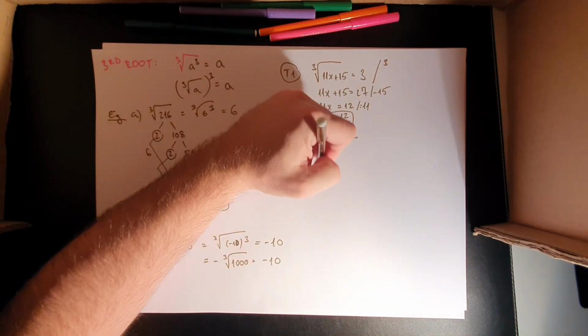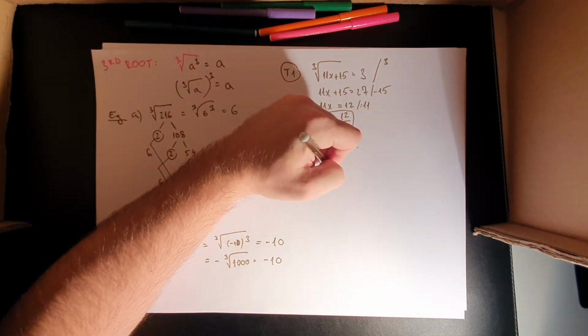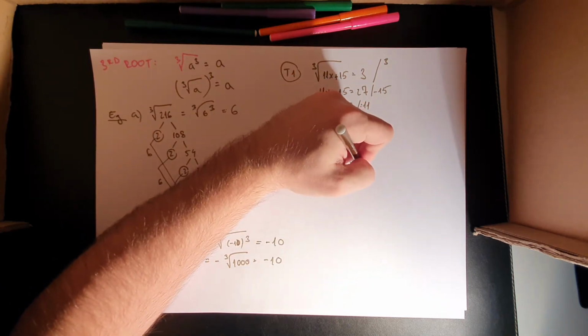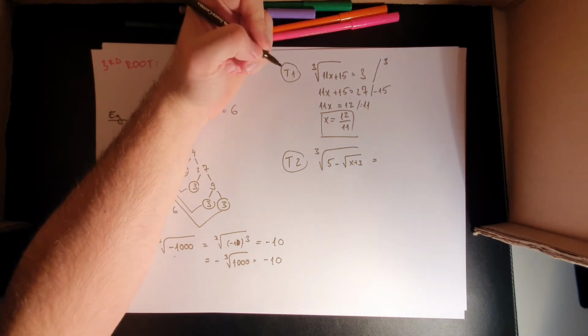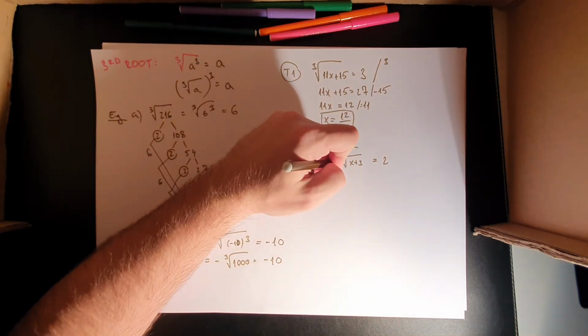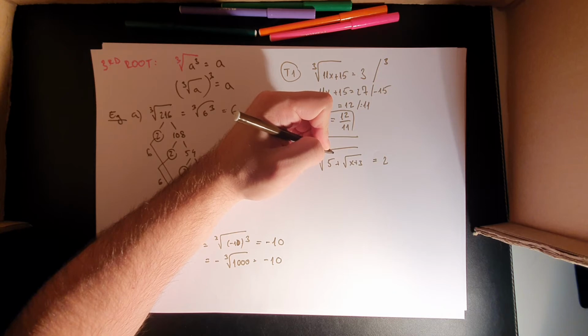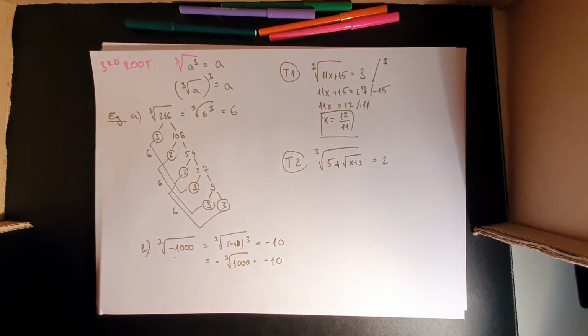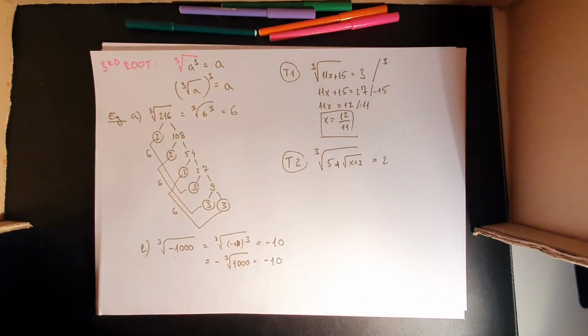Third root of 5 plus square root of x plus 3 is equal to 2. So third root, second root.